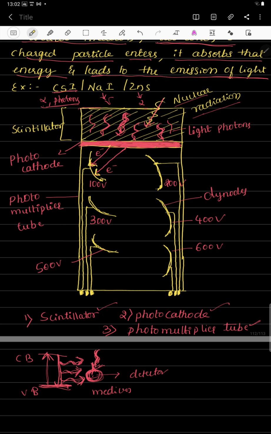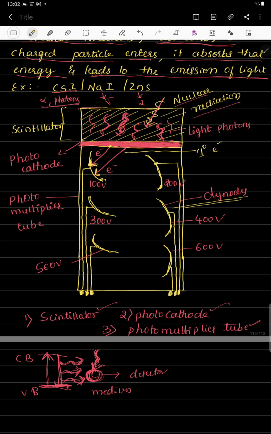All these electrodes are called dynodes. Electrons emitted from the photocathode are accelerated towards the first dynode, which is at 100 volts. These electrons are called primary electrons.